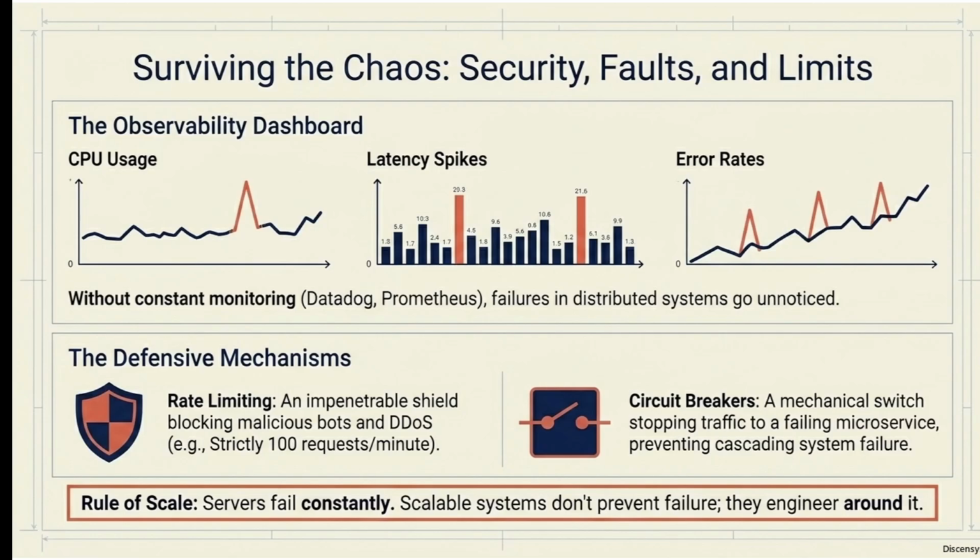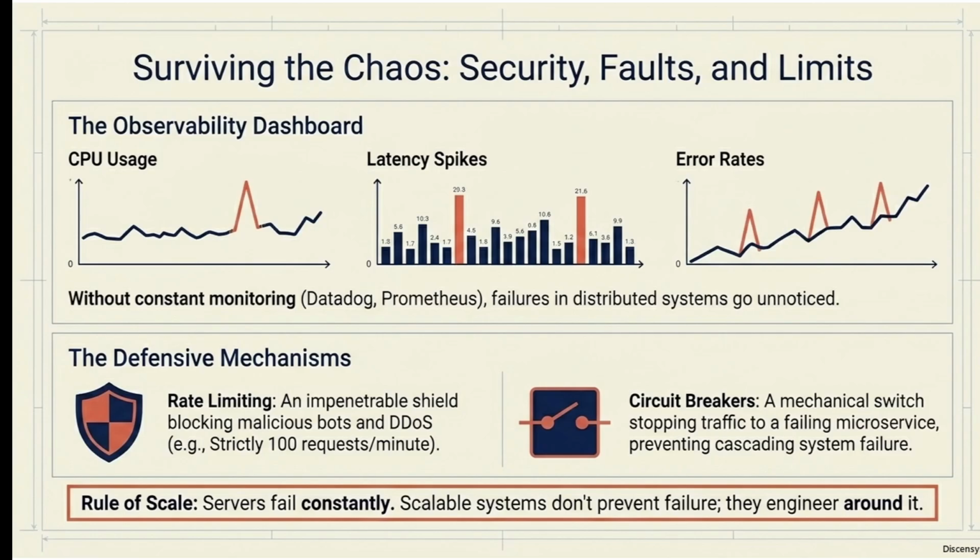Survive in the chaos, security, faults. No matter which operation or which project we are dealing with, there are definitely some flaws, faults, or security issues faced. So we'll try to understand how to resolve them or how far we can reduce them.